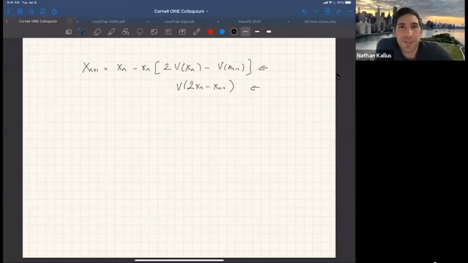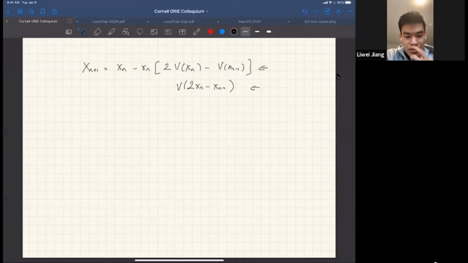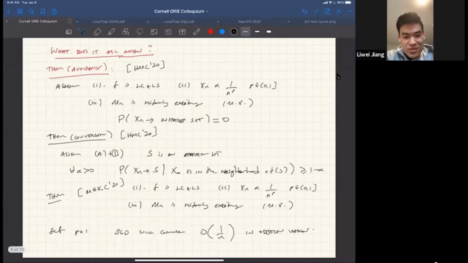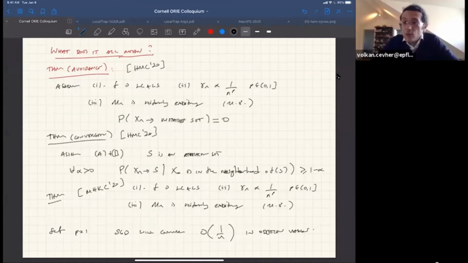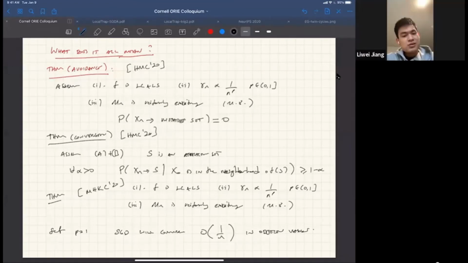We have another question. Please go ahead. Yeah, can you hear me? Yes. Okay, so I have a question about the last avoidance theorem. As you indicated, the bias can be non-zero. For example, if the step size is like 1/n, and we know that the bias will tend to zero, then we will have the same.